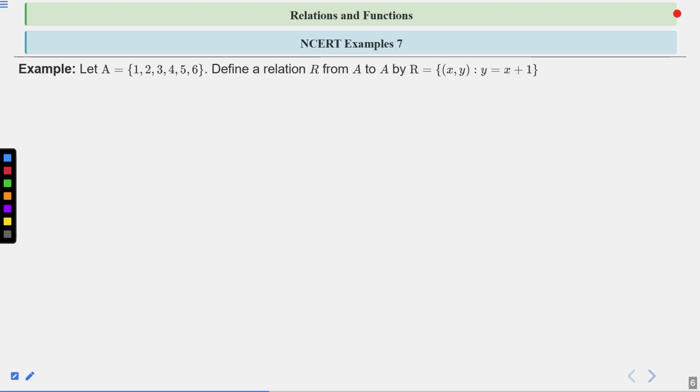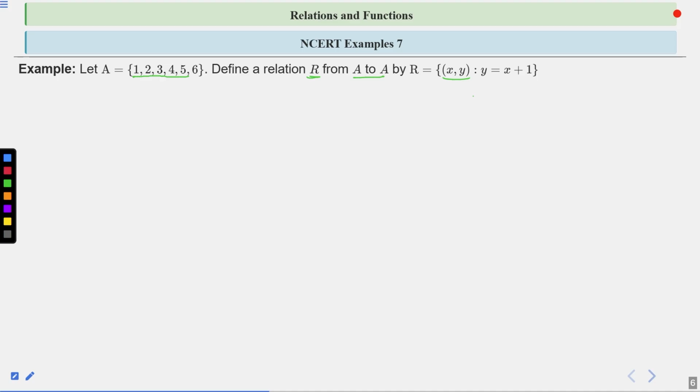Now, some related example. All will be clear here about what we actually mean by function, and what is the main difference between any relation and a function. So suppose you have your set A with 6 elements: 1, 2, 3, 4, 5, 6. Define your relation R from A to A itself by collecting all ordered pairs (x, y).